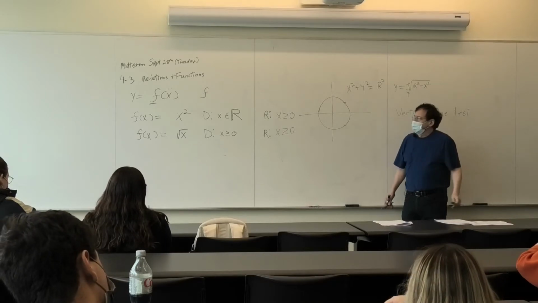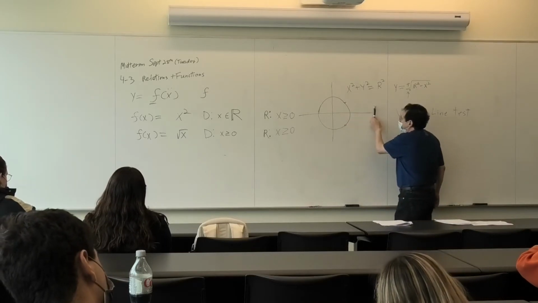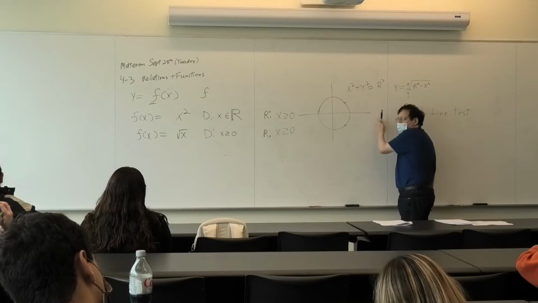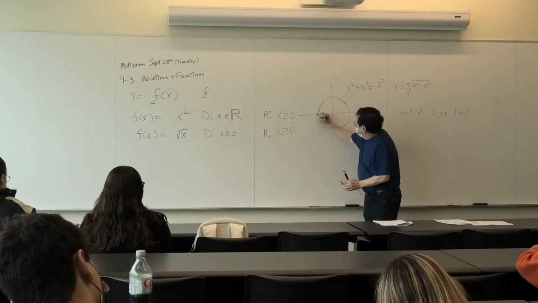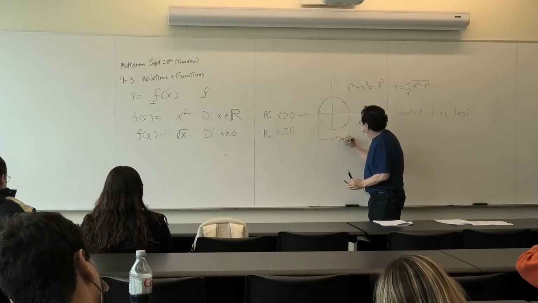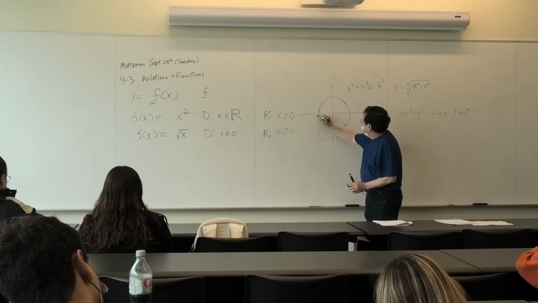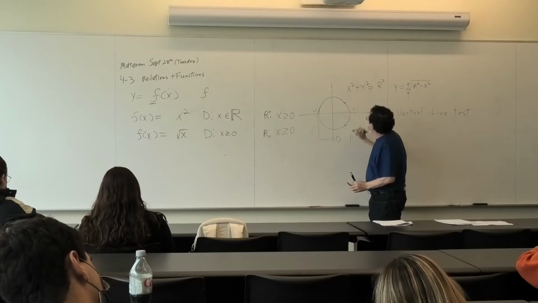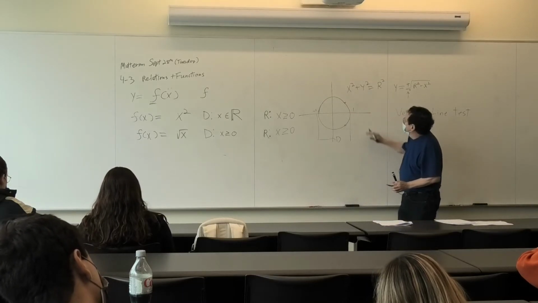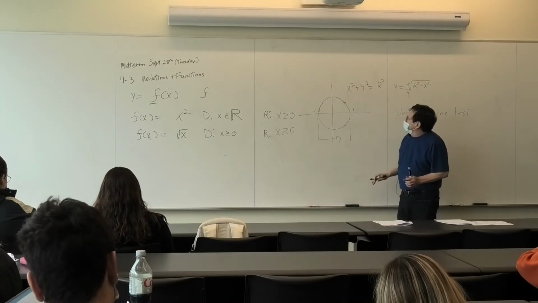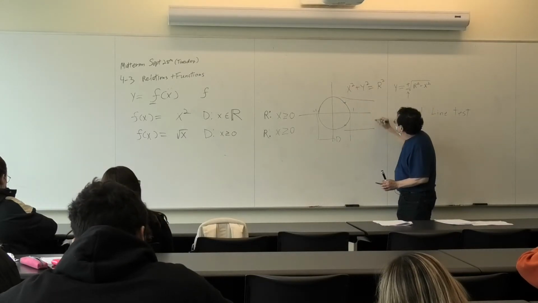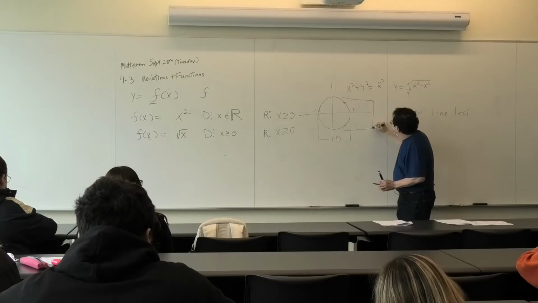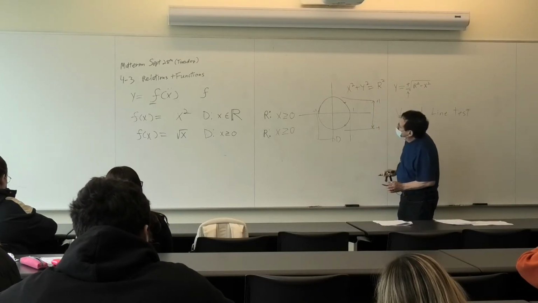All right? You don't have to have a point out here. There's nothing. That's okay. That just tells me this is my domain. Those are my possible x's. And my range, again, is these y values, which for a circle, it's also from positive 1 to minus 1.